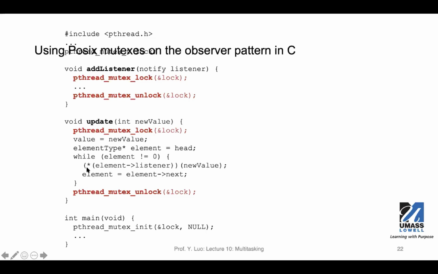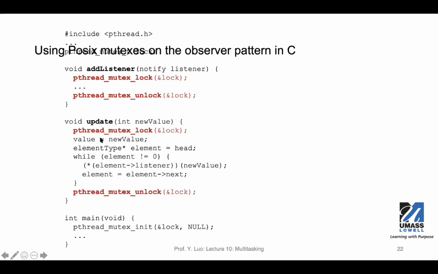So when you try to access this linked list, chances are, if you don't do this, the add listener procedure will try to add a new node into this linked list. But during that process, if you interrupt at different places, it may happen that the tail pointer points to an unintended location.